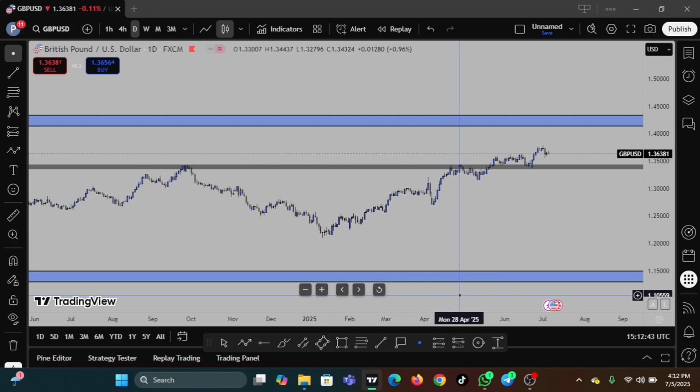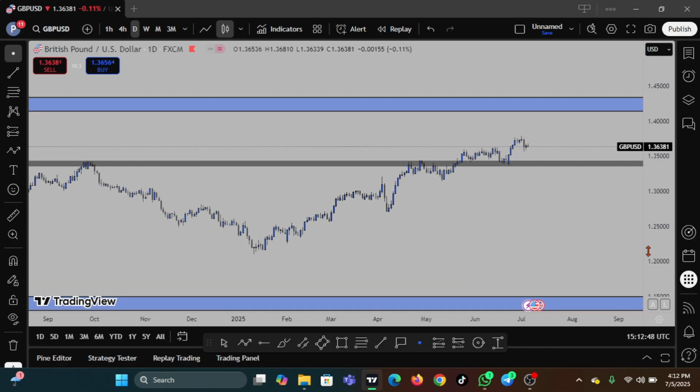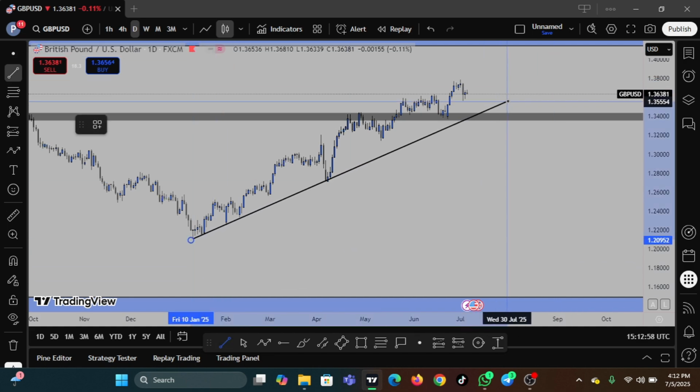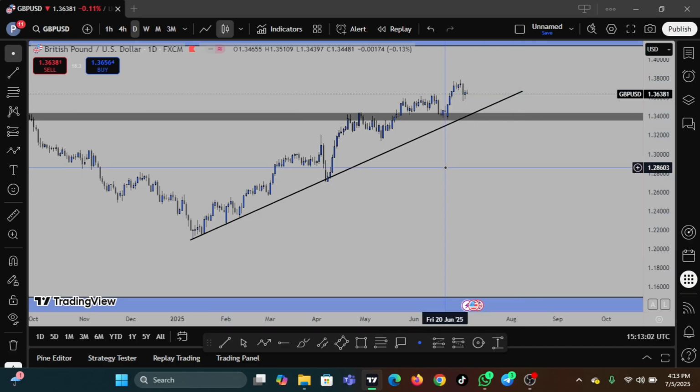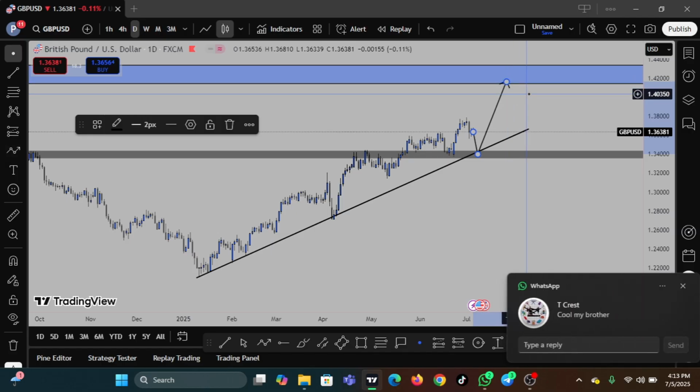If we switch to the daily chart, it shows us more candlesticks, and so we can see how the waves of the market are moving. Looking at the waves of the market, we can apply our trend line like this. With this, I'm expecting the price to pull back to this trend line, or maybe price can even come back to this point before we have that push to the upside.